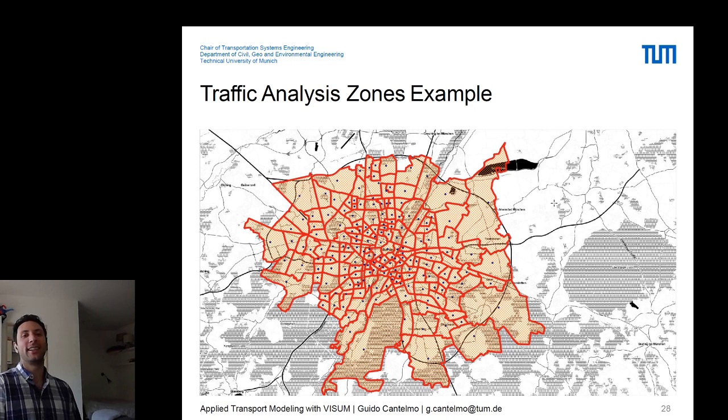So once again, it depends on a lot of things. So first of all, let's say that you have infinite data. So you have information at the individual level, household, the street, the number on the door, wherever they live. And also you have the super detailed and most detailed infrastructure level.